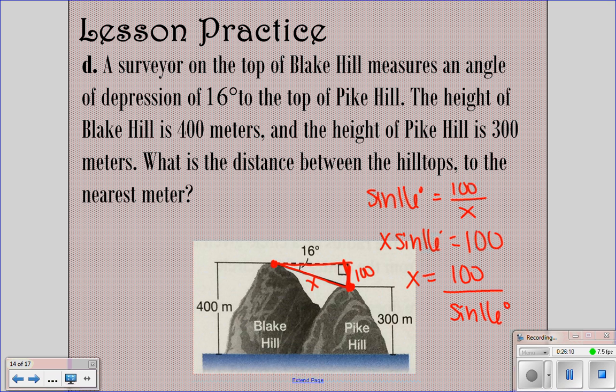And if you plug that in, you should get 362.7955. It says to the nearest meter, so that'd be 363 meters. So that would be the distance between the hilltops.